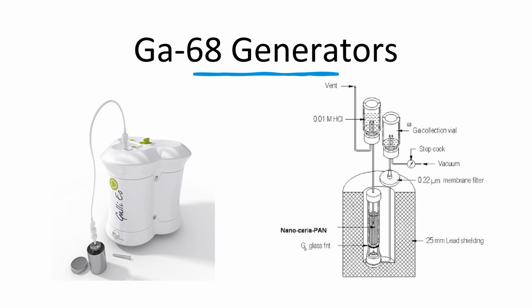It has a 0.22 micron membrane filter, and that's to make sure that no heavy metals, no microbes or anything like that can come through into the eluate. This is an evacuated vial. That's what sucks that hydrochloric acid over the column and through the generator into that collection vial.